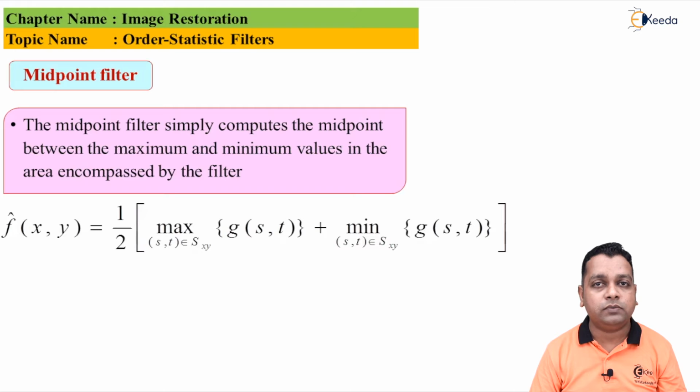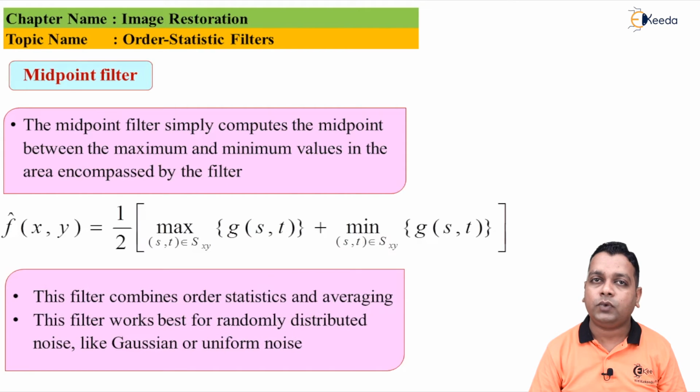In the second term we have the mean operation of the filter for the variables s comma t belonging to the local neighborhood S suffix xy, operated over the image g of s comma t. So this filter combines the order statistic and the averaging filters.